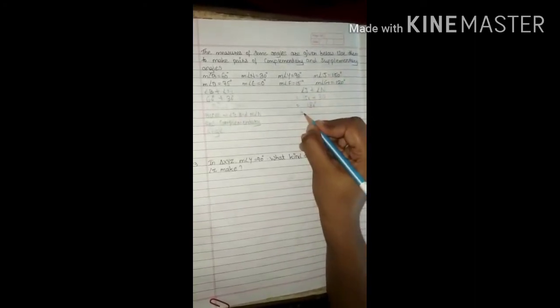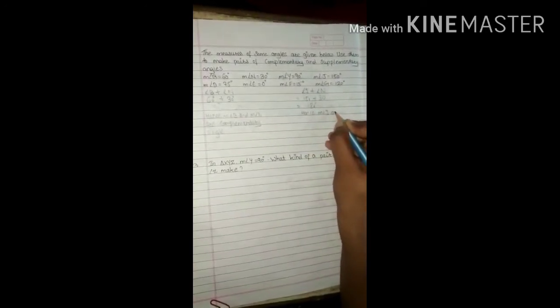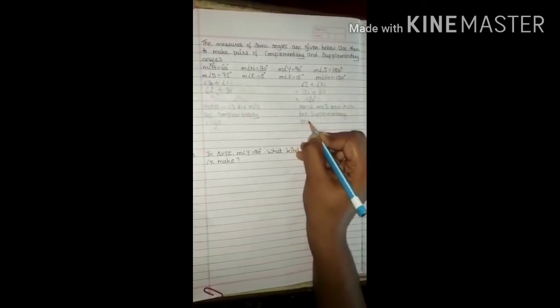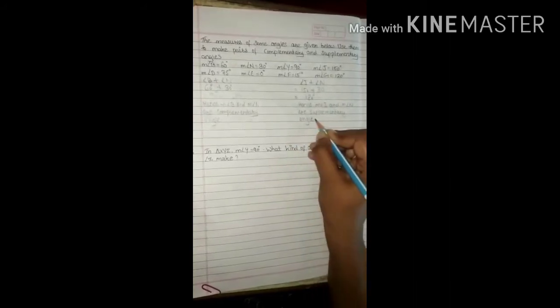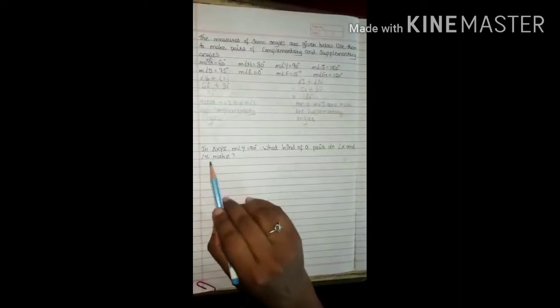So we will write hence, the measure of angle J and the measure of angle N are supplementary angles.